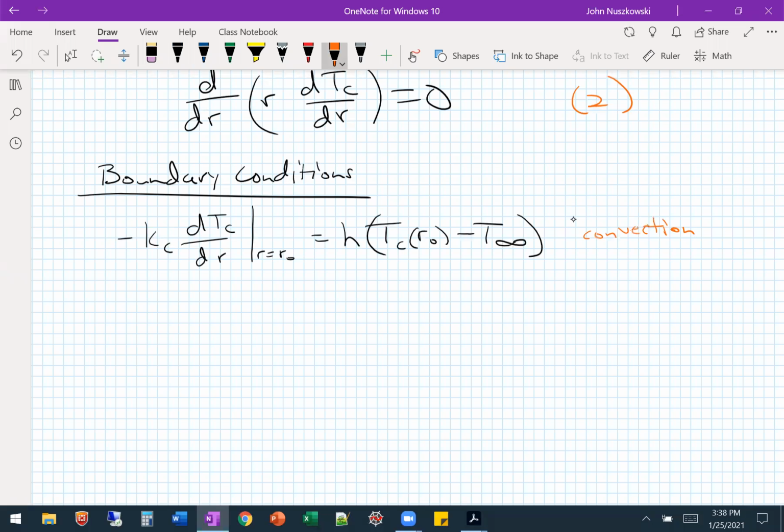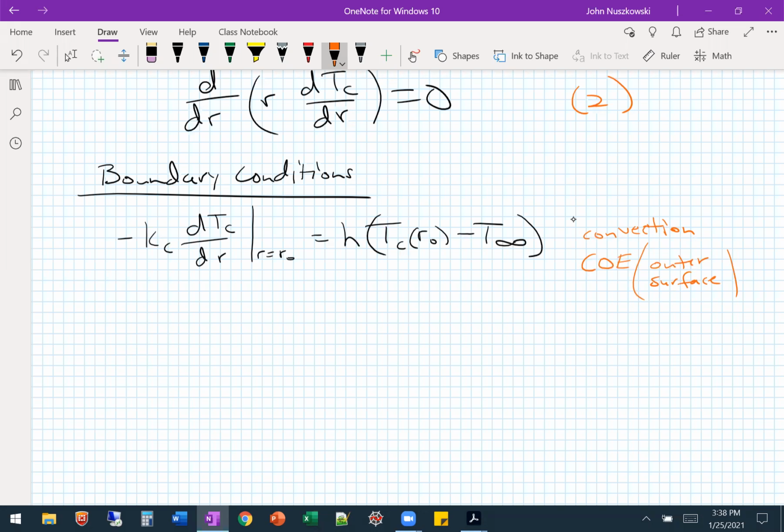And that actually comes from doing a COE on the outer surface. All right, so that's one.